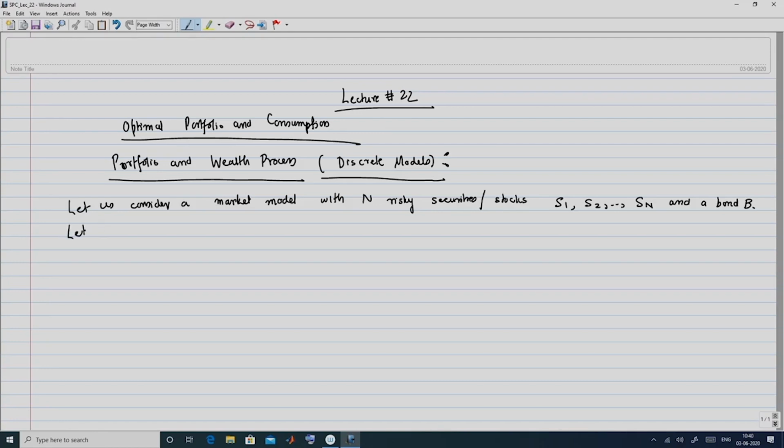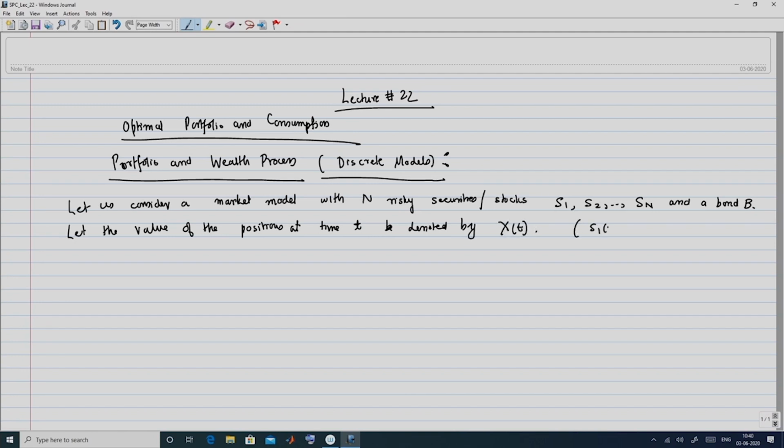Further, let the value of the positions at time t be denoted by x of t.